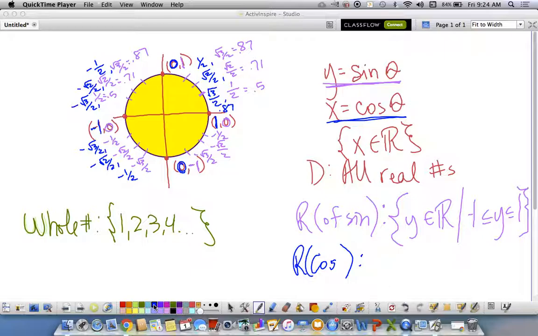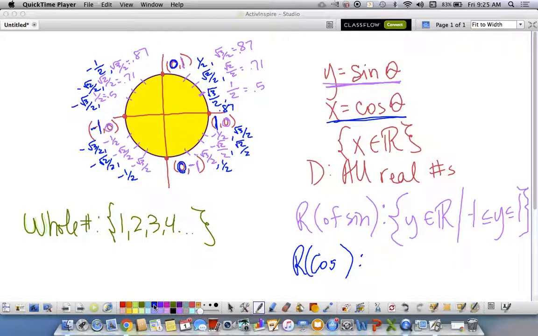Then what happens? It goes back up to 1/2. So they're positive, right? Square root of 3 over 2. So it's increasing still to 0, 1/2, and 0.71, 0.87, until we get back to 1. So what's happening as we go around our thetas? If we kept going around, what outputs will we get? What would our range be? Is it going to be the same as sine?